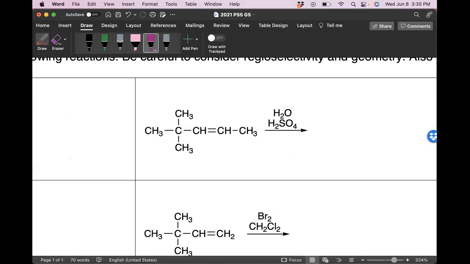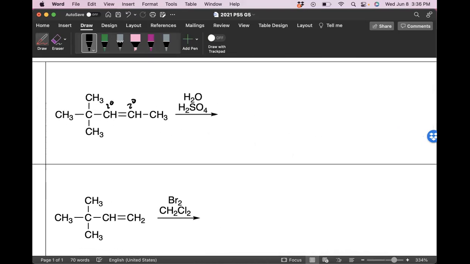Now note, this is a secondary. This is also secondary. This forms a carbocation intermediate, where that H would be added.